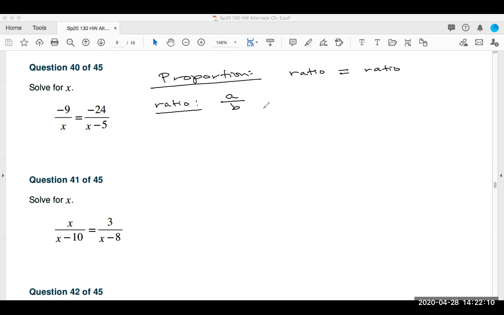And the way that you would say different types of ratios, there's three ways.